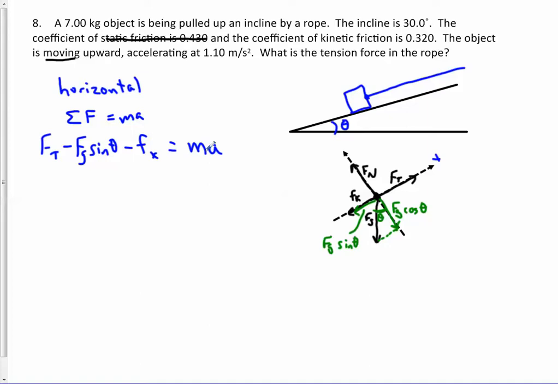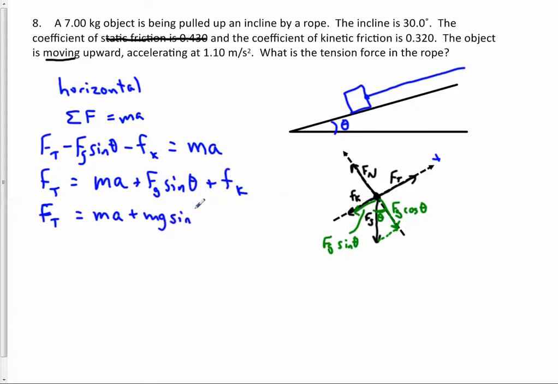Okay. Now we have an a, so this is not 0, as it sometimes often is, but it's fine. And in fact, I think we have everything in this formula except FT. So if we move everything over, we solve for FT, we get ma, plus Fg sine theta plus kinetic friction. So again, ma, of course, and now we put in our force formulas: gravity is mg sine theta.